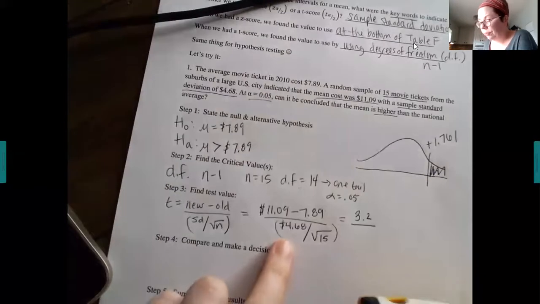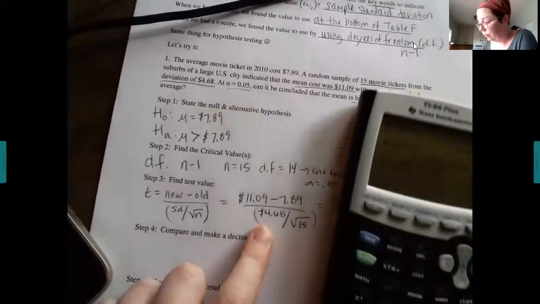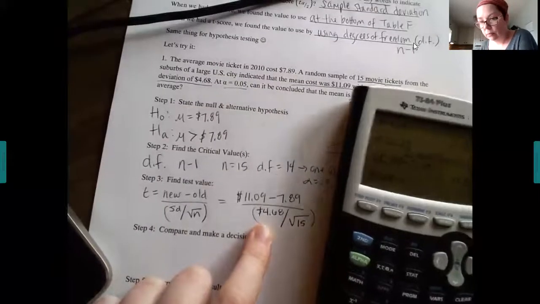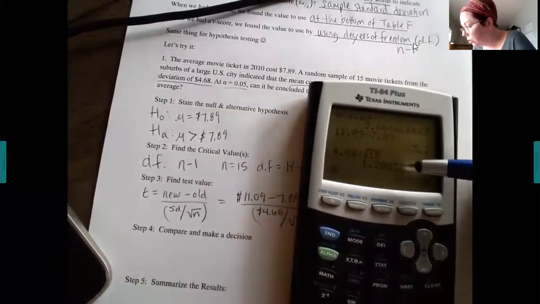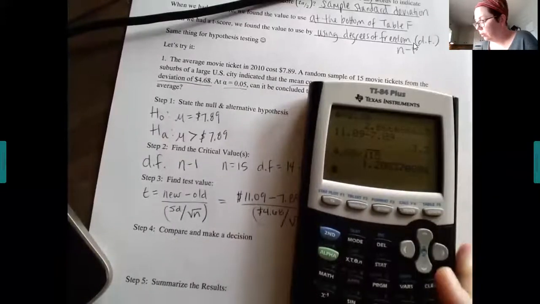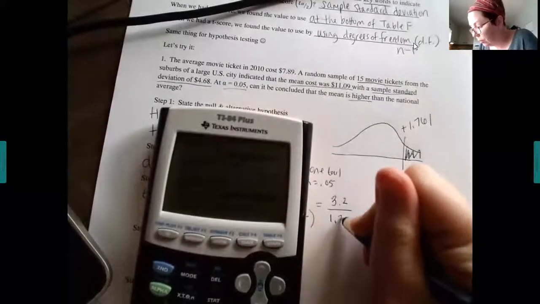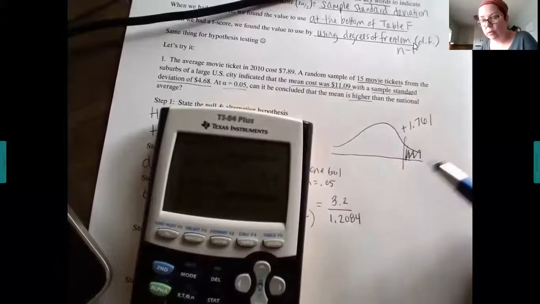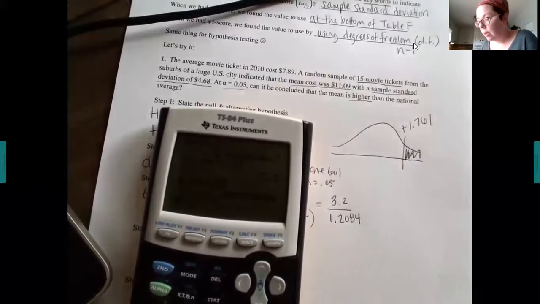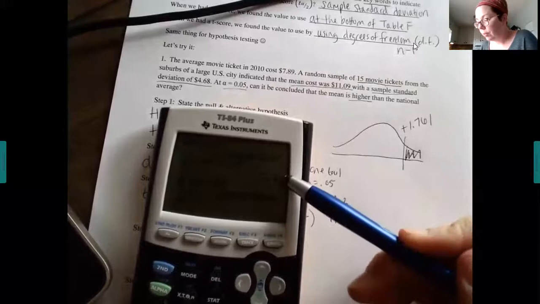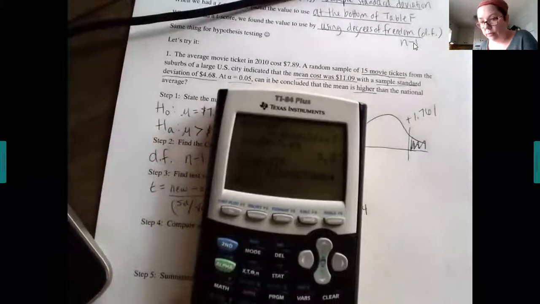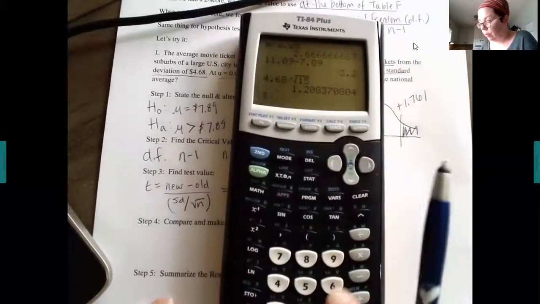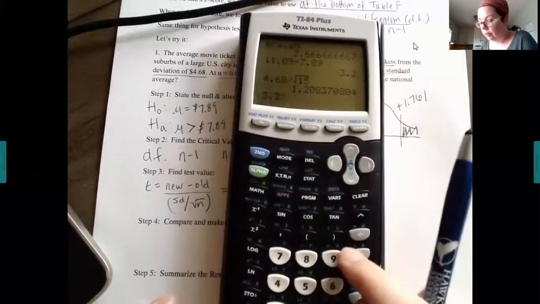And we do the bottom. Odds are this ain't going to be pretty. It's not. 1.2084. Okay, so you can take this and divide by that, but again, in your calculator, you know what the top is. This is already the bottom value, so you can do 3.2 and then hit divide.